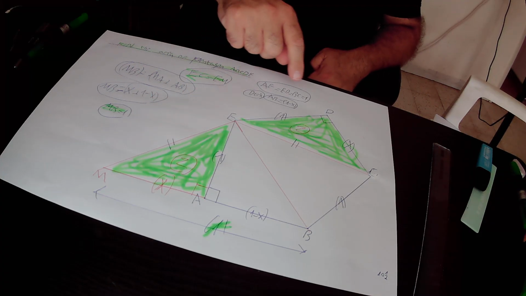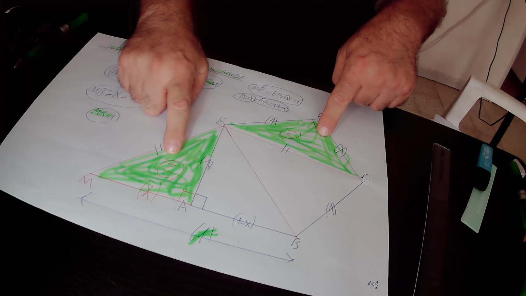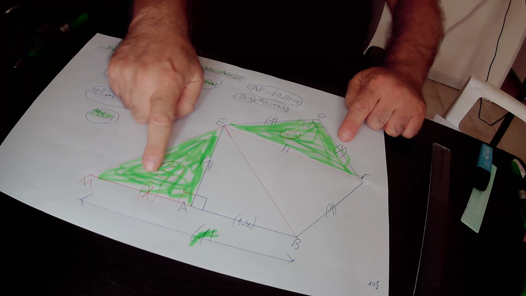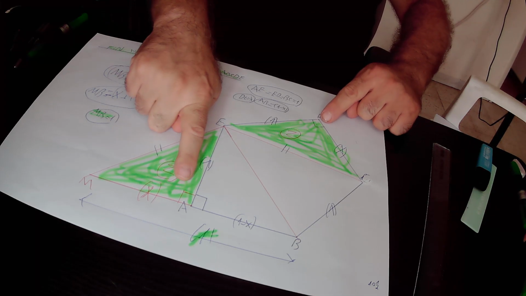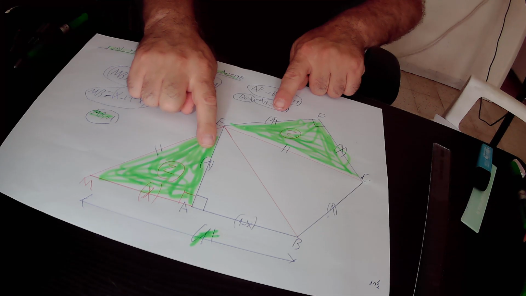This is the green right triangle EDC. So, why are those two green right triangles congruent? First of all, those two sides are both equal to x and therefore they are equal to each other. In addition, those two angles are both equal to 90 degrees and therefore they are equal to each other. And finally, those two sides are both equal to 1 and therefore they are equal to each other.